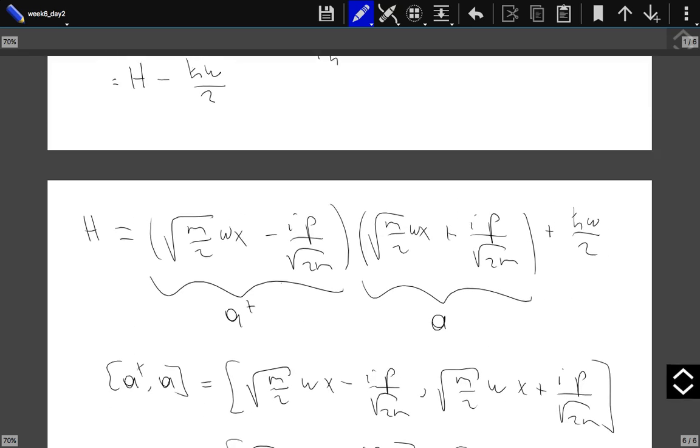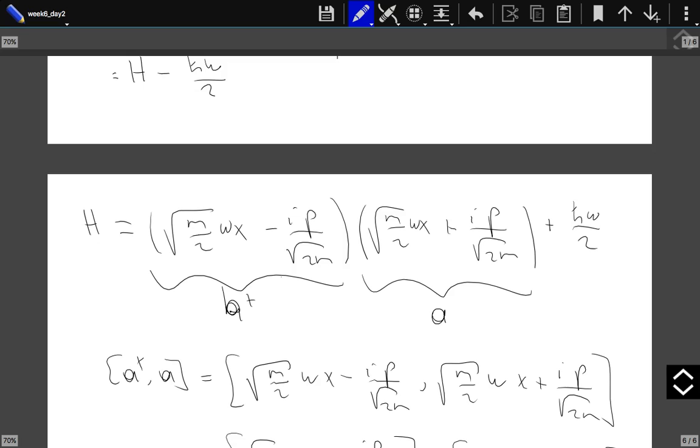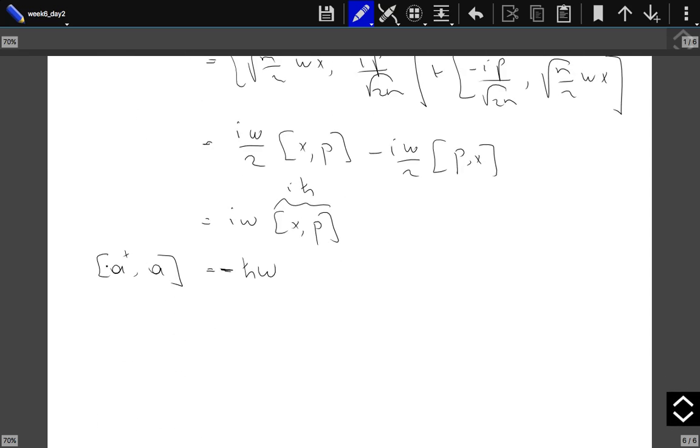Well, conventionally, let me just change the names. Let me call this B. For reasons which will be apparent in a moment, we usually want these defined new operators whose commutator is plus or minus 1.